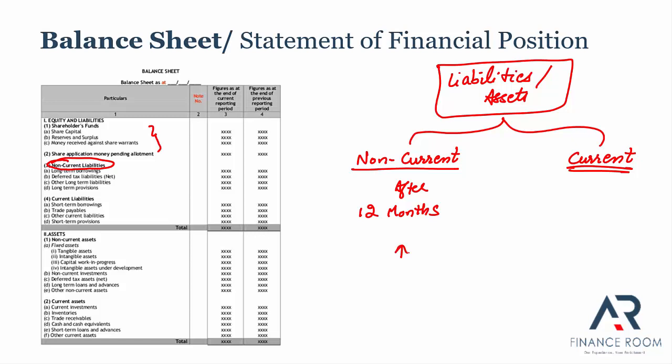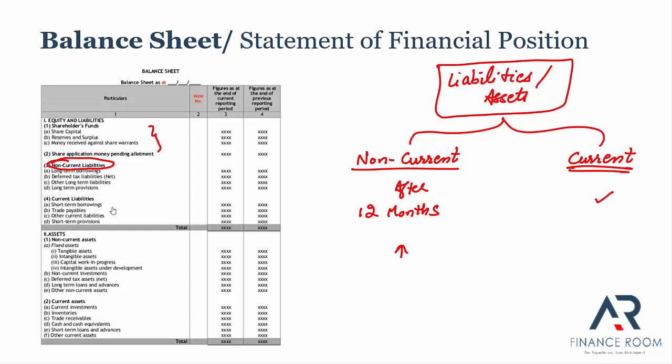Non-current means which is not expected to be settled within 1 year, within 12 months. And if you expect to pay back the bank loan within 12 months, then that will be shown under current. All right, hence the difference, current and non-current.